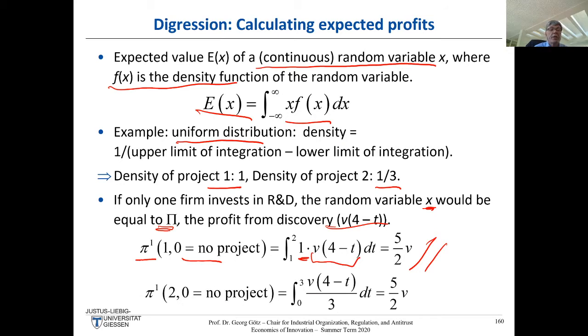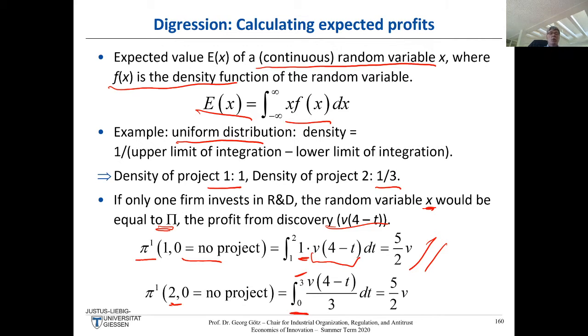The expected profit of project 2 is exactly the same. However, it's put slightly different, because now the domain of the density function is from 0 to 3. You always could put it in terms of minus infinity to infinity, but from minus infinity to 0 the density would be 0, and from 3 to infinity it will also be 0.